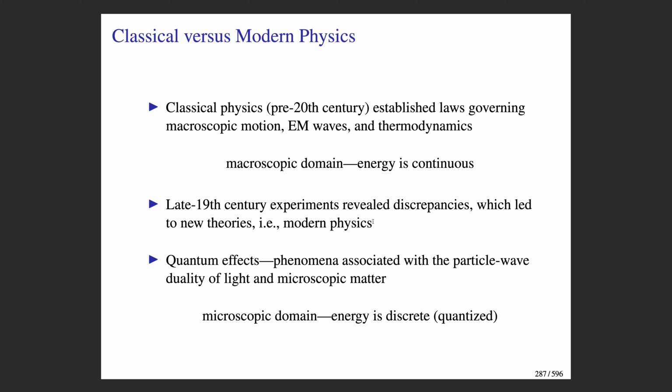They exhibit physics that is essentially different from macroscopic objects. And so ultimately, what you see in the microscopic domain is that energy is not a continuous quantity. It is discretized, and we call it quantized. That's what the word quantum means. It means a discrete bundle.